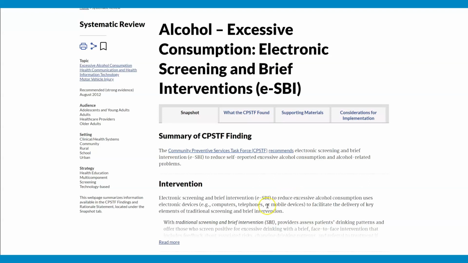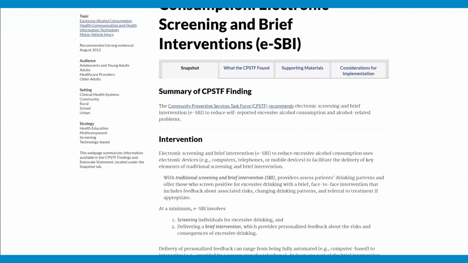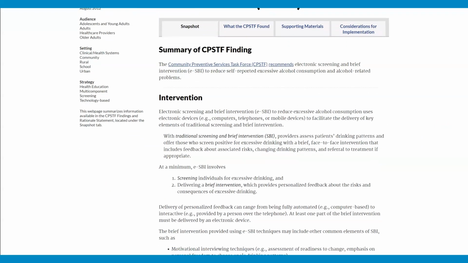With traditional brief interventions, providers assess patients' drinking patterns and offer those who screen positive for excessive drinking a brief face-to-face intervention. That's what's done. But what this e-SBI, the electronic version, does is screen individuals for excessive drinking and deliver a brief intervention. It provides personalized feedback and also provides risks and consequences of excessive drinking.